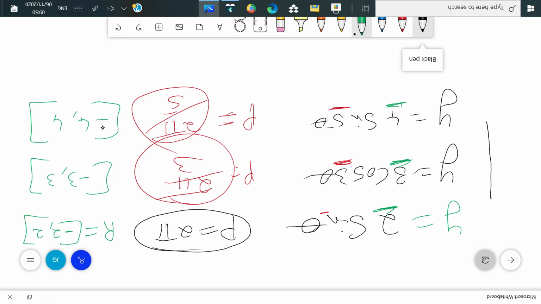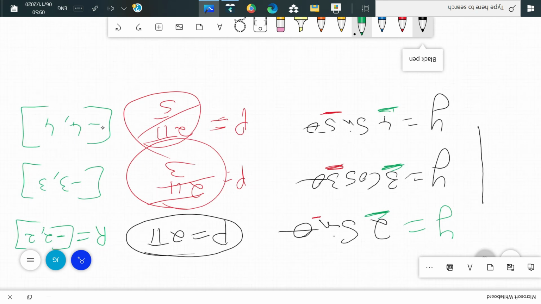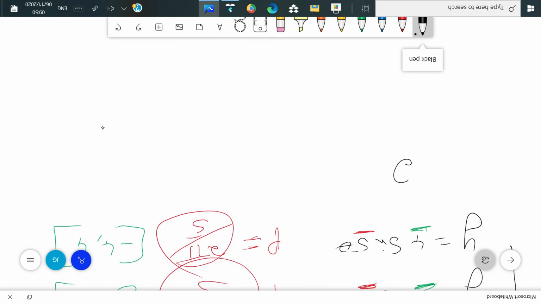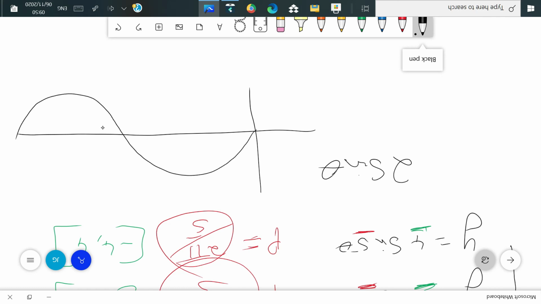Right. What does that look like when you're going to draw a picture? Two sine theta will look exactly like a sine graph should. It still repeats every 2 pi, so there's my period bit done. But the range is going to go from 2 to -2.